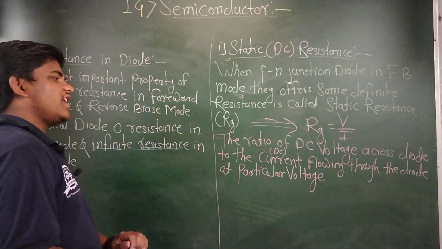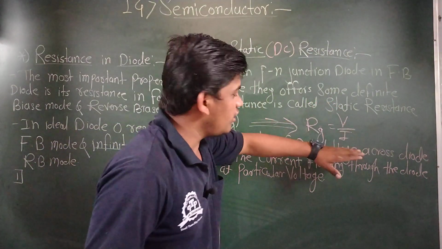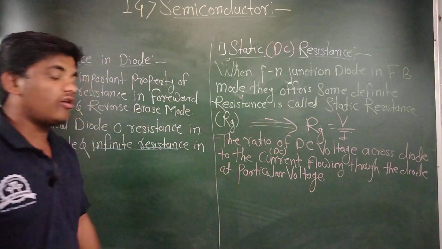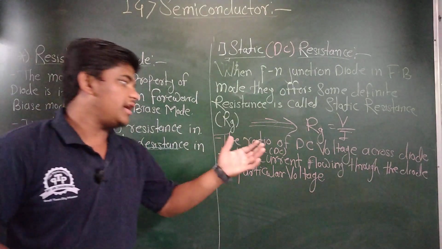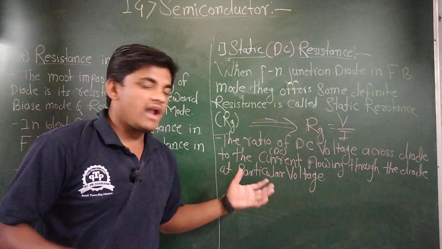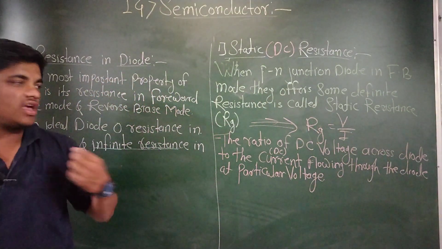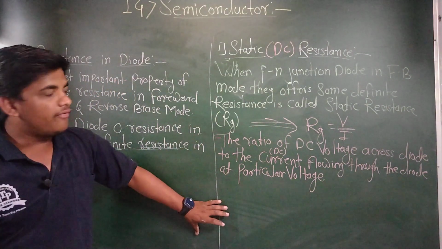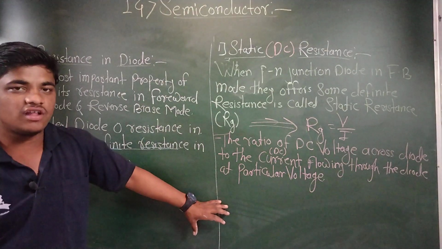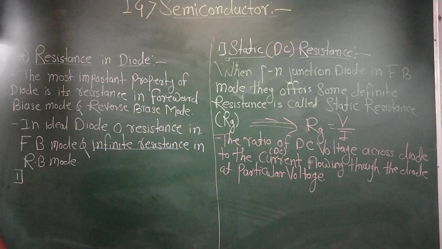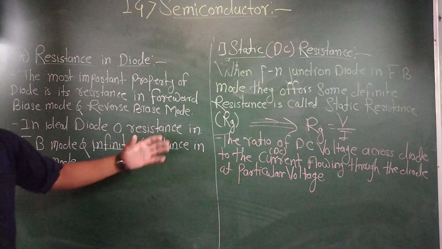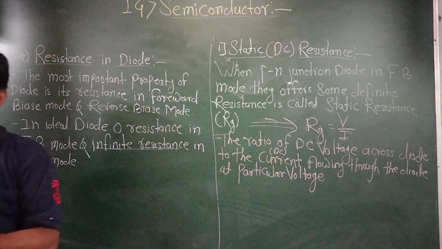This is the ratio of DC voltage and DC current across the diode at a particular applied external voltage. This is the first type of resistance, static resistance or DC resistance, when we apply the forward biasing mode.